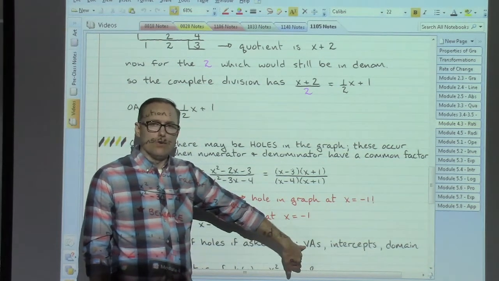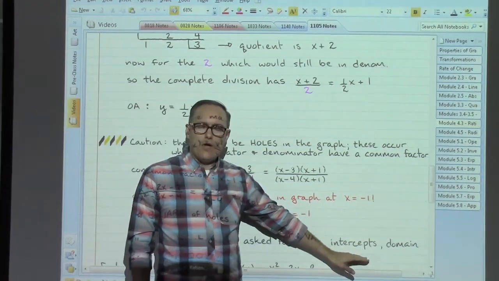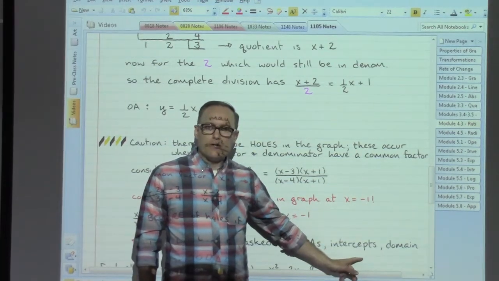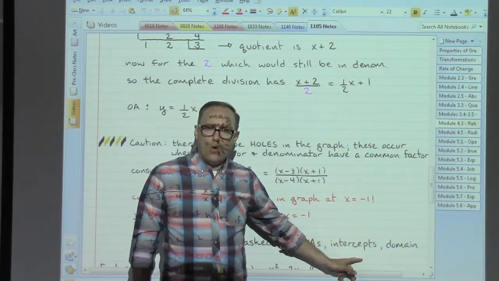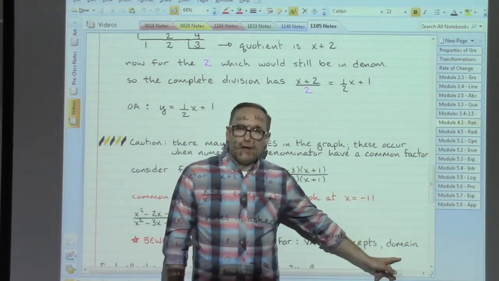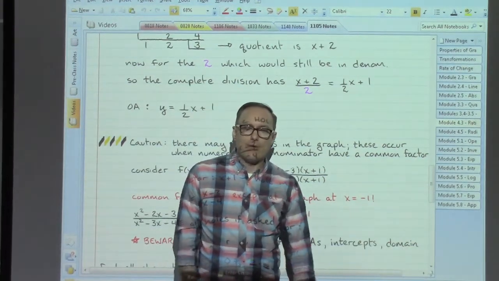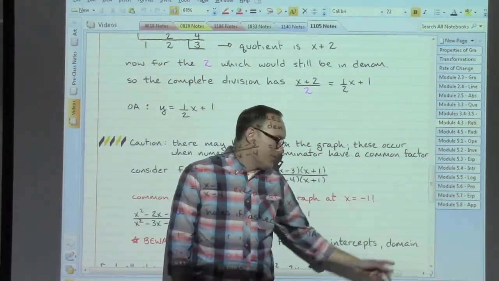No, that's a hole. We're not trying to say, oh, hey, I was looking for some intercepts, but oops, a hole found its way in there. Or, well, we always got to worry about those sorts of things when it comes to the domain.